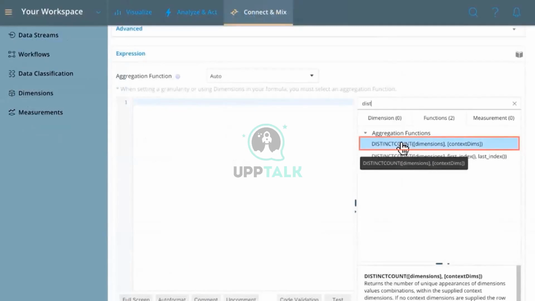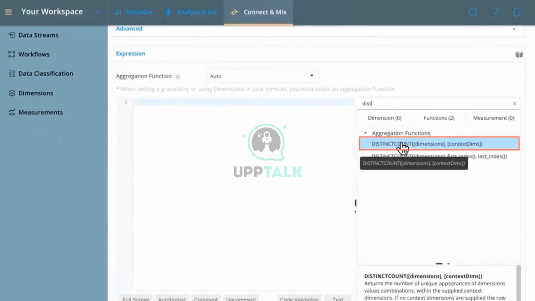As we saw yesterday, we need to go to functions. You type distinct and you get distinct count. The syntax is distinct count, and what you count is your dimension.